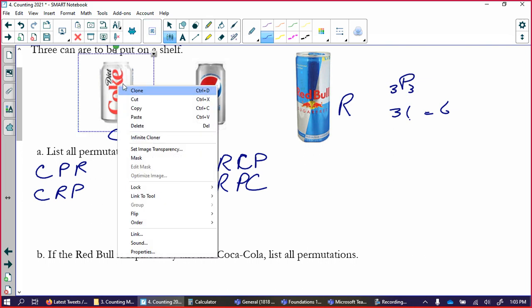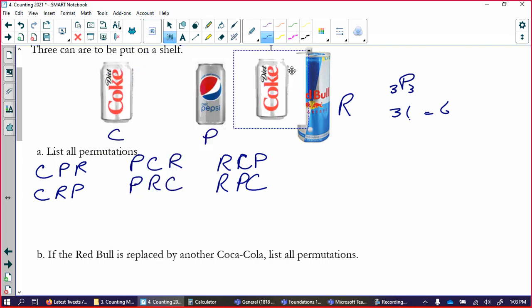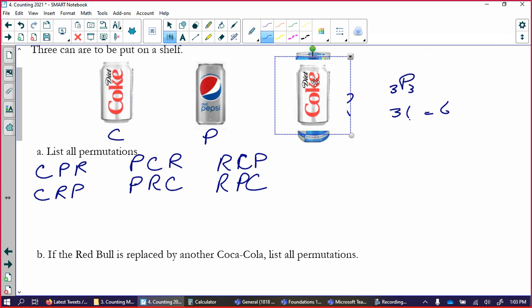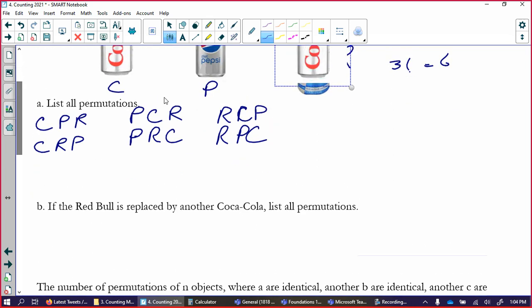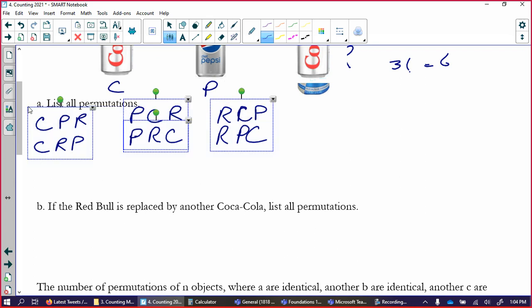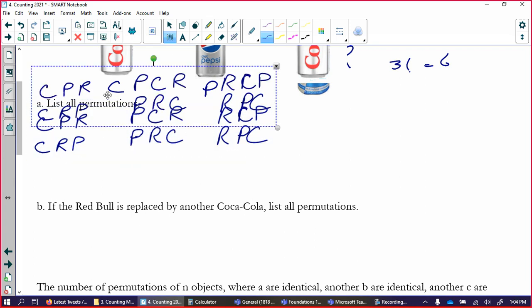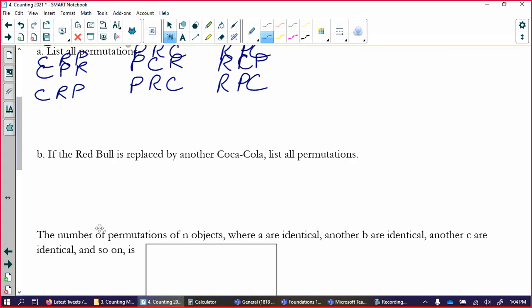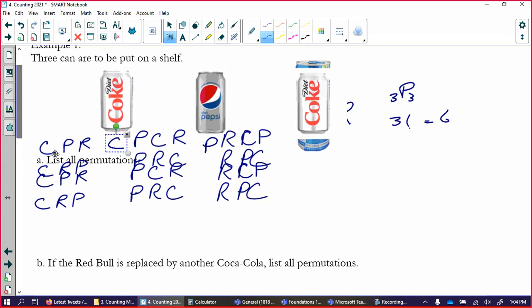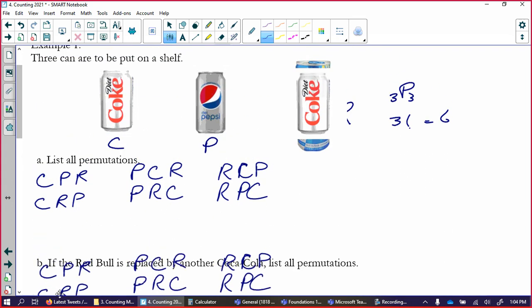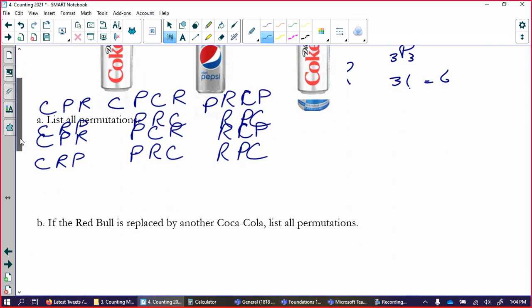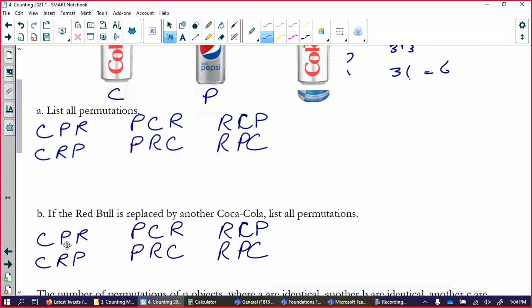But what happens if I switch that? So I'm going to group those, copy them, paste them. Put those down there.